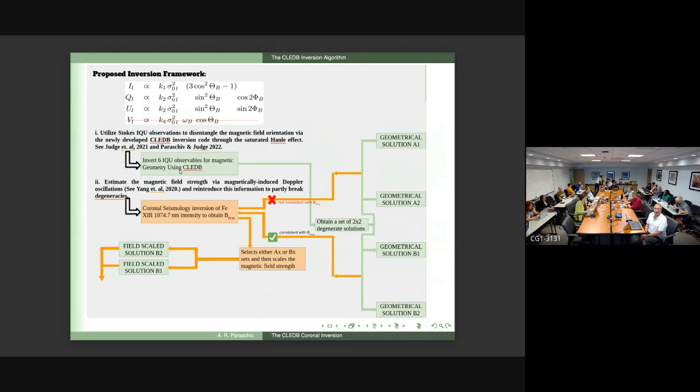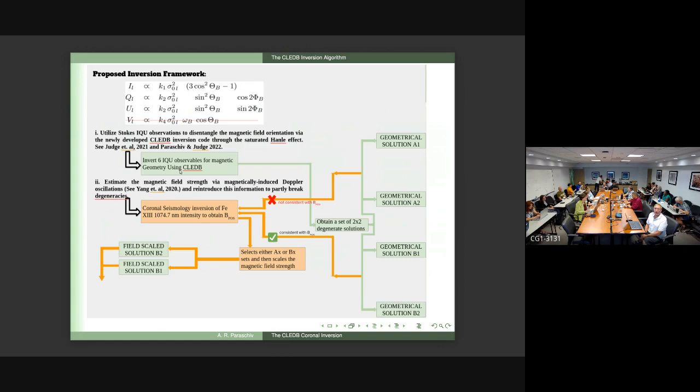And this is the theoretical setup of the problem. If you have the IQUVs, I invented some K factors to get rid of all of the complicated atomics and equilibrium ionization factors, and just put in the equations the important information that we're looking for. Those are the magnetic geometries. And what we see there is that in only IQU, you do have information about both the line of sight orientation and the azimuth.